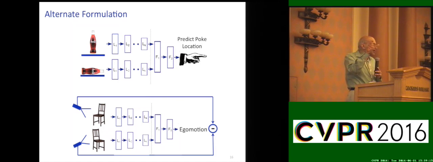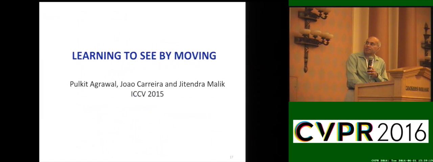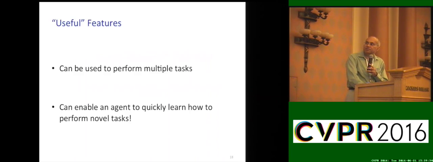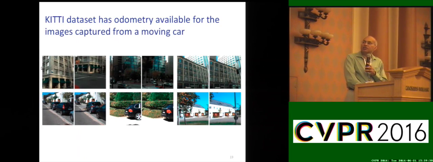So you see that this idea can be exploited in a couple of different ways. And I'll show you a few works which have built on this theme in a more concrete way. So here's a paper from my student Pulkit, who has led this effort at ICCV. What is the data set we took?